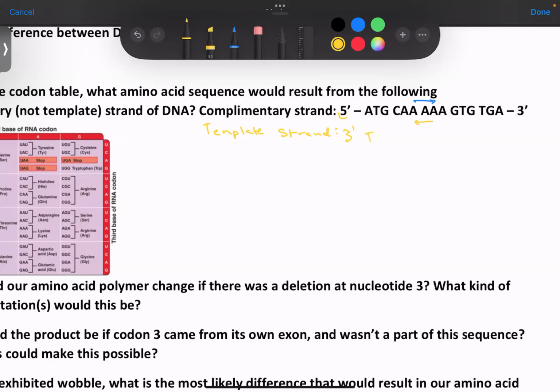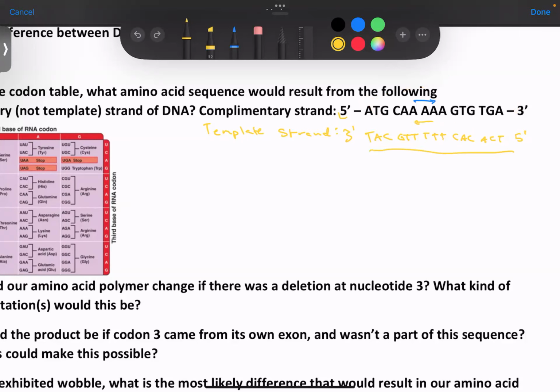So we have T, A, C, G, T, T, T, T, T, T, A, C, A, C, T. And this would be our 5' end. So this is the template strand of DNA. This is what that would be if we were given this complementary strand.